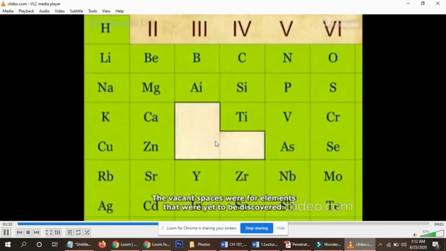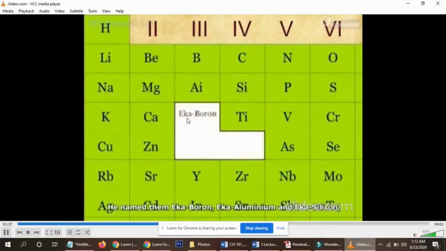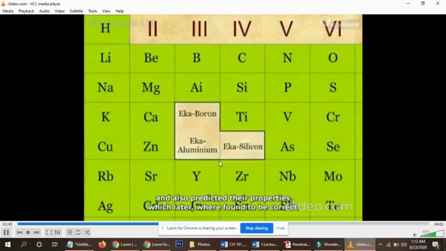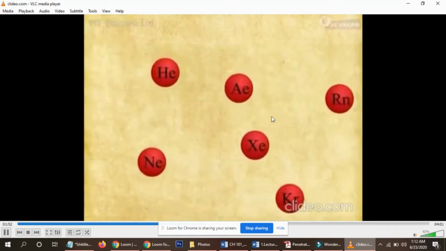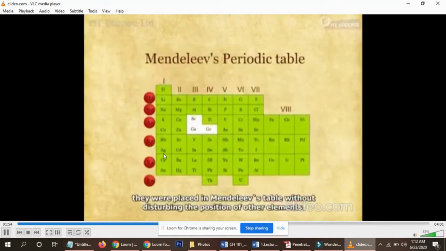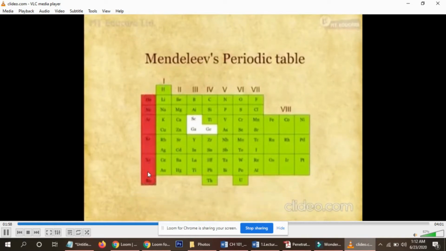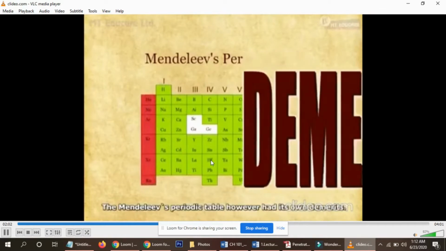These were yet to be discovered, and he named them Eka-boron, Eka-aluminium, and Eka-silicon. He also predicted their properties, and after that, when the inert gases were discovered, they were put into a separate column without disturbing Mendeleev's periodic table.